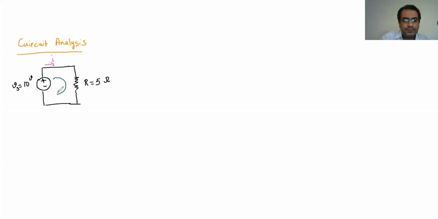loop 1, so that's the loop 1, I'm going to write the KVL. And I start from one node here. Any node you can choose, but I'm going to start from one node at the very lower corner here. So if I write the KVL, it says that sigma V is 0.